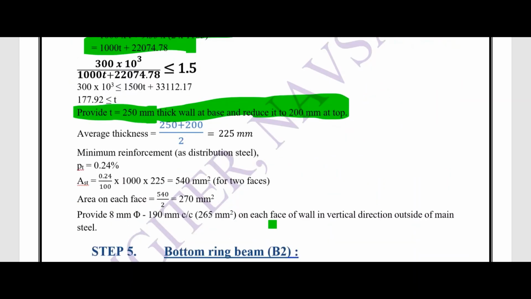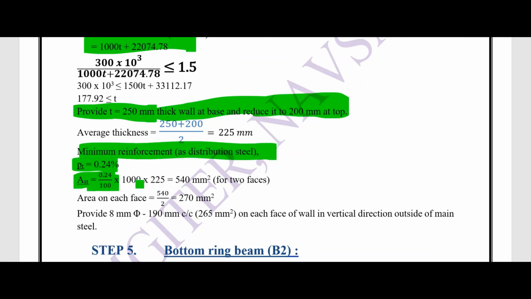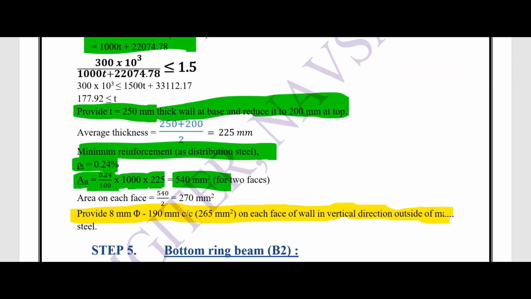Now we can provide minimum reinforcement as distribution steel. PT is 0.24, AST is 0.24 by 100 into 1000, so 450 mm square for the two faces. So we provide 8 mm dia at 190 mm center to center on each face of wall in the vertical direction outside the main steel.